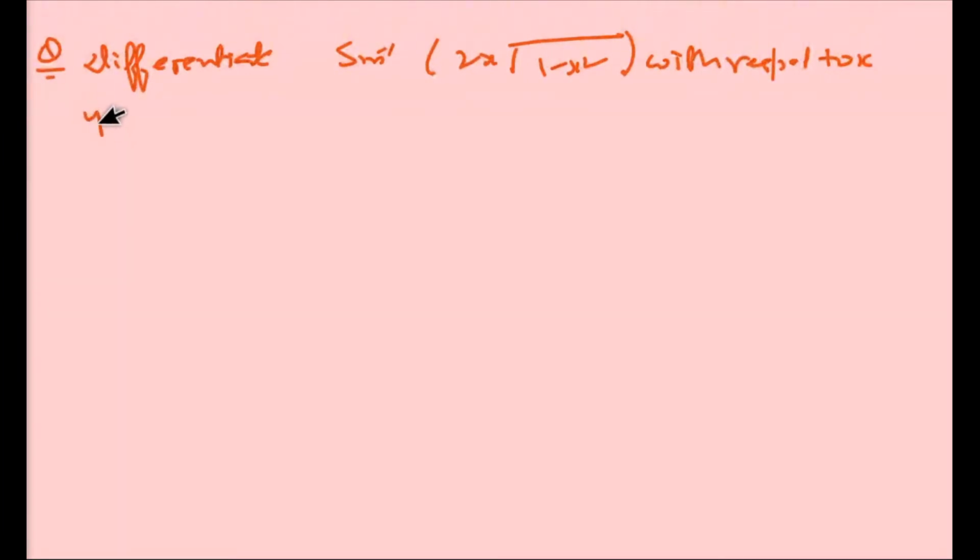If condition number 1, minus 1 by root 2 less than x less than 1 by root 2.